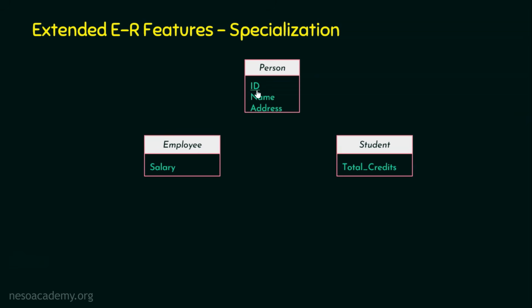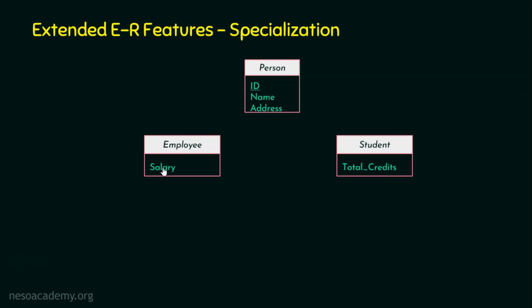Student will also have ID, name, and address. But there is a requirement that employee should be described by a different set of attributes. Employee needs a special attribute called salary, whereas a student needs another special attribute called total credits. That is why specialization comes into the picture. The higher level entity is broken into sub-entities, which are described by their own set of attributes as per the requirement.